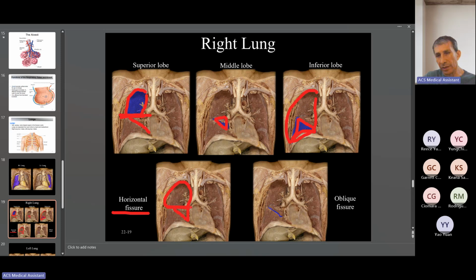So this part right here. And the other one is the oblique fissure because it goes in a diagonal. That's oblique, which is this one. It separates, once again, the middle, which is here, from the lower.